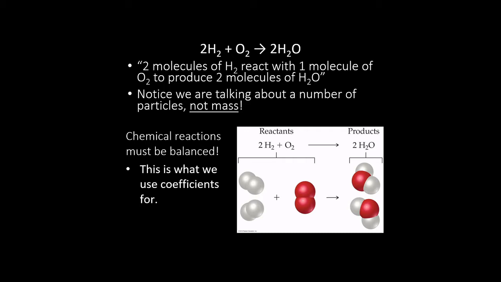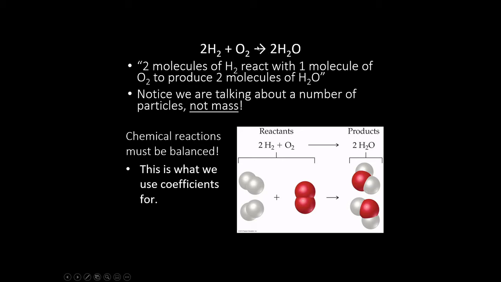Alright, so when we're looking at these chemical reactions, one of the things that is really important when we're analyzing these and when we're writing these for ourselves is these chemical reactions have to be balanced. And what I mean by that is the number of particles and the type of particles on each side of the reaction arrow.